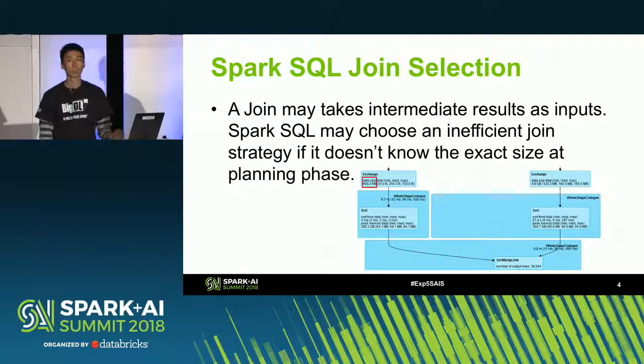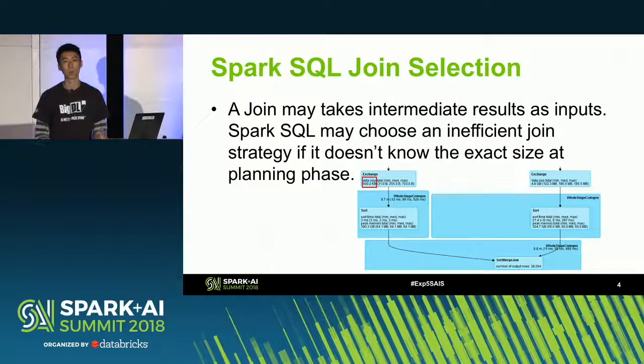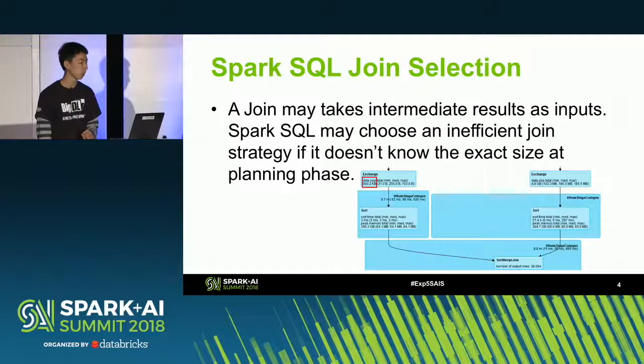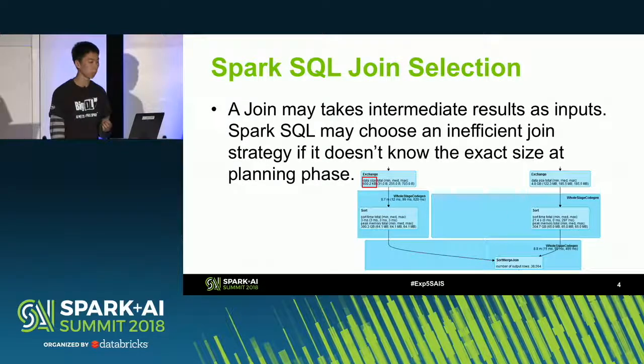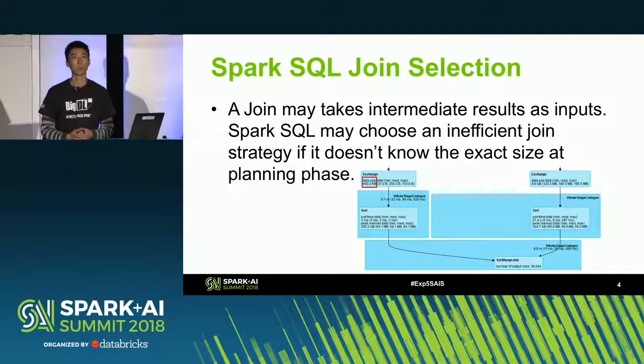The second challenge we have been facing is about the execution plan. We know the plan that Spark SQL chooses is very important for performance. For join strategy, Spark SQL will determine the join strategy at the planning phase. However, at the planning phase, Spark SQL may not know the exact data size of the input table.